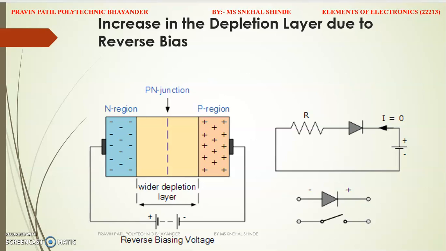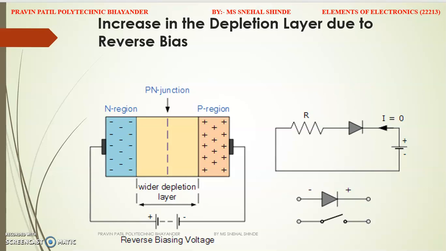The barrier potential or junction potential will increase. The process of widening of the depletion region does not continue for a long time because there is a steady flow of holes from right to left, that is from the N side to the P side.